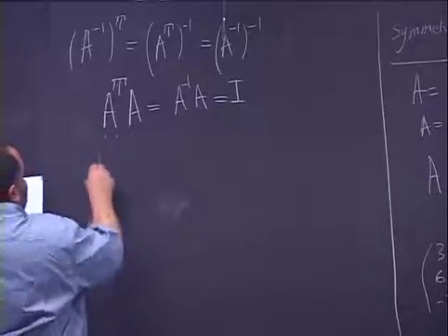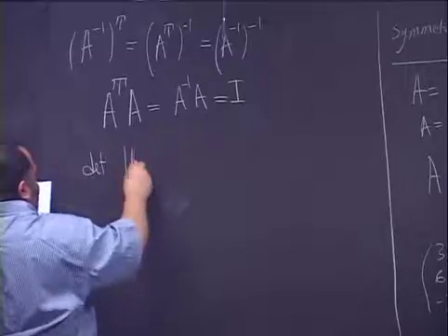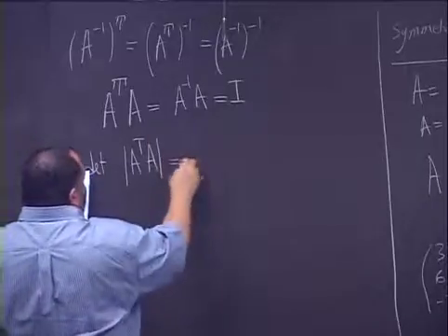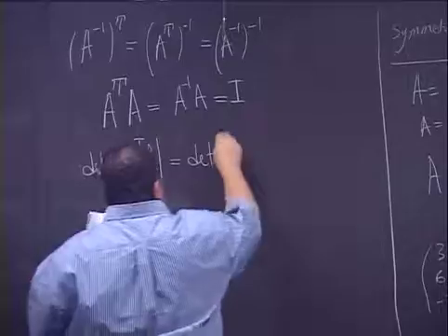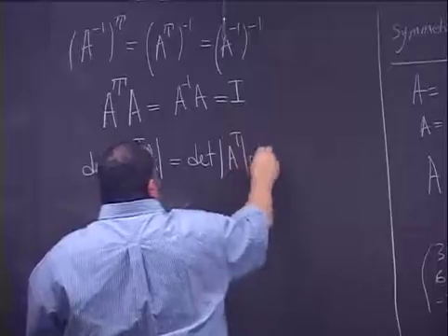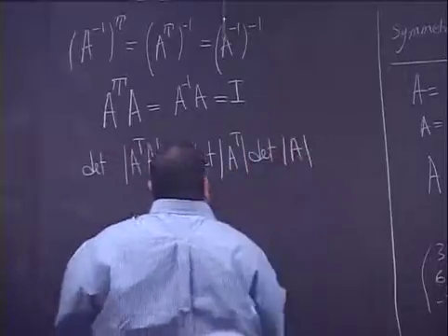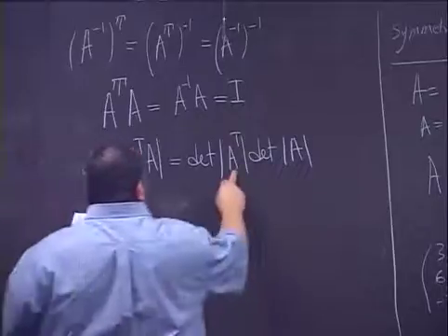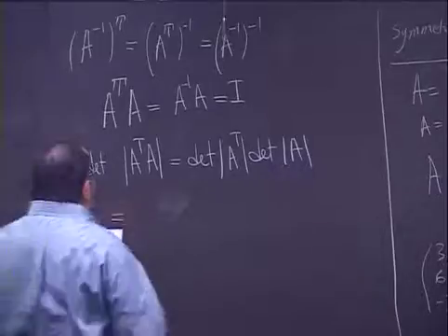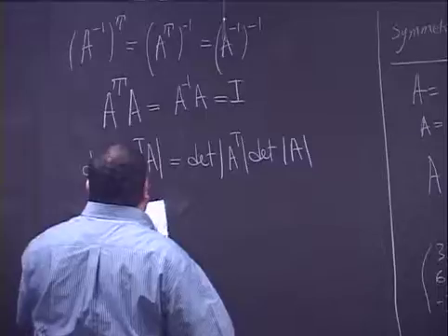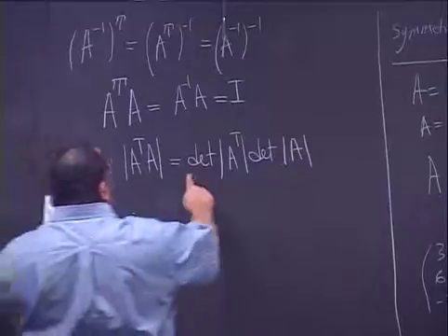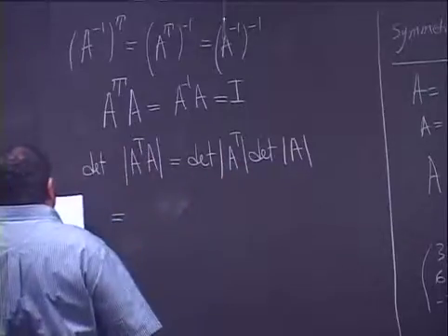If you take the determinant of this, you will notice that A transpose multiplied by A, by the properties of matrices and determinants, is just the determinant of A transpose multiplied by the determinant of A.